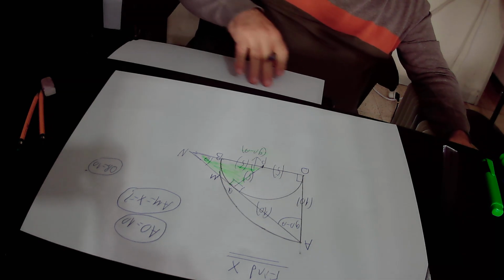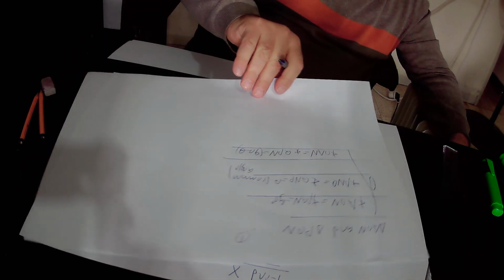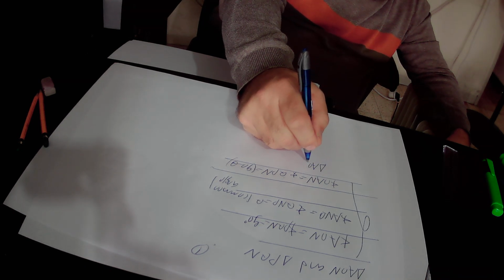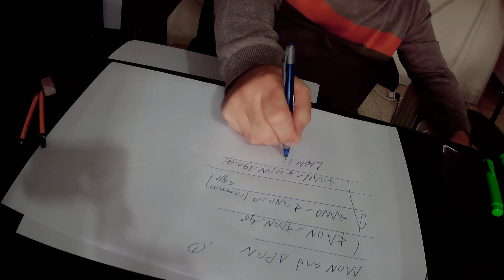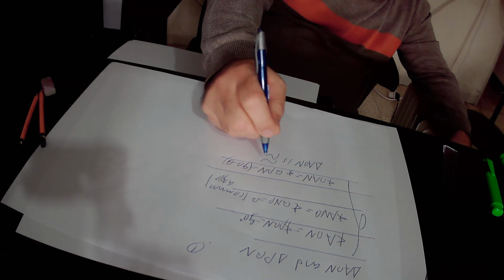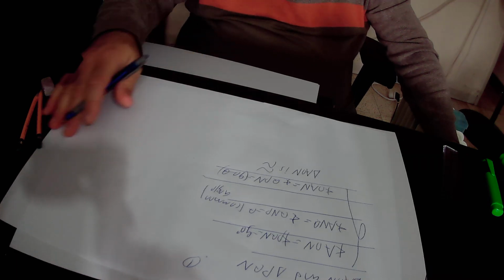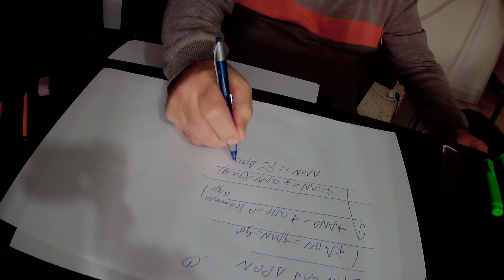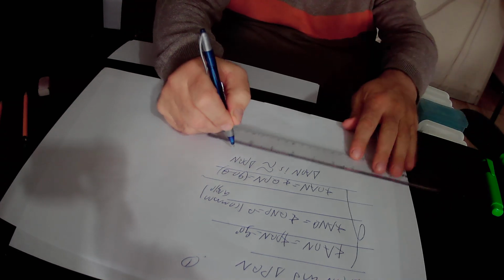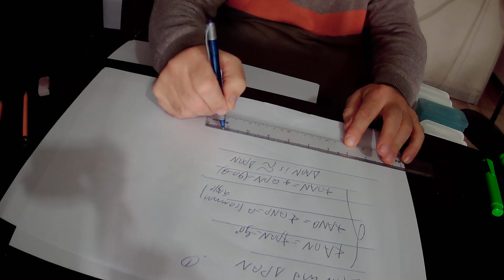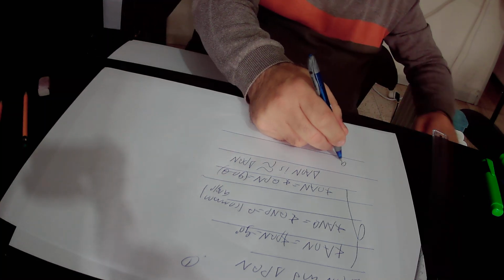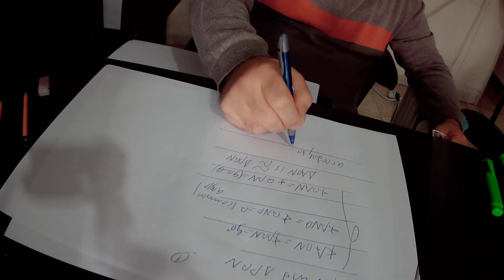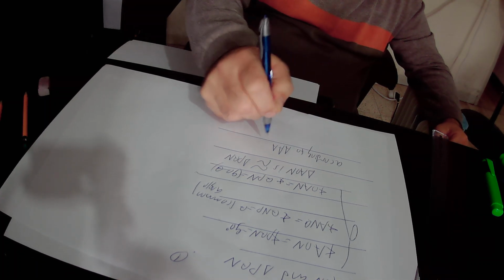The big triangle, triangle AON, is similar, this is the sign of similar, to the small green right triangle, triangle PQN, according to the angle similarity rule.